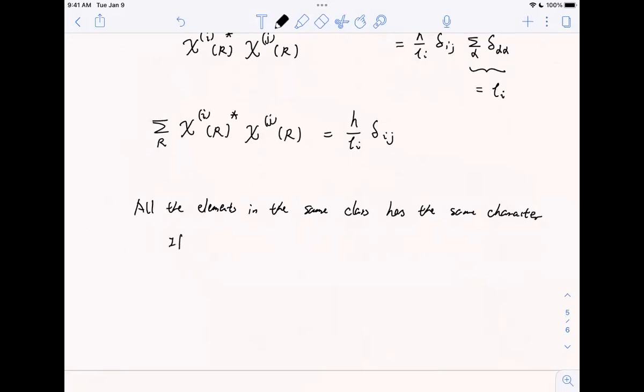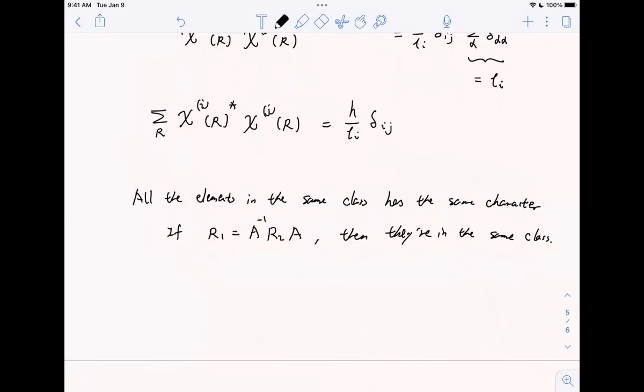If, let's say, R1 equals R2, let's say you have A and A^-1, then they are in the same class if you can write them that way. Then what is the representation? The representation will follow this relationship, gamma R1 equal to gamma mu.